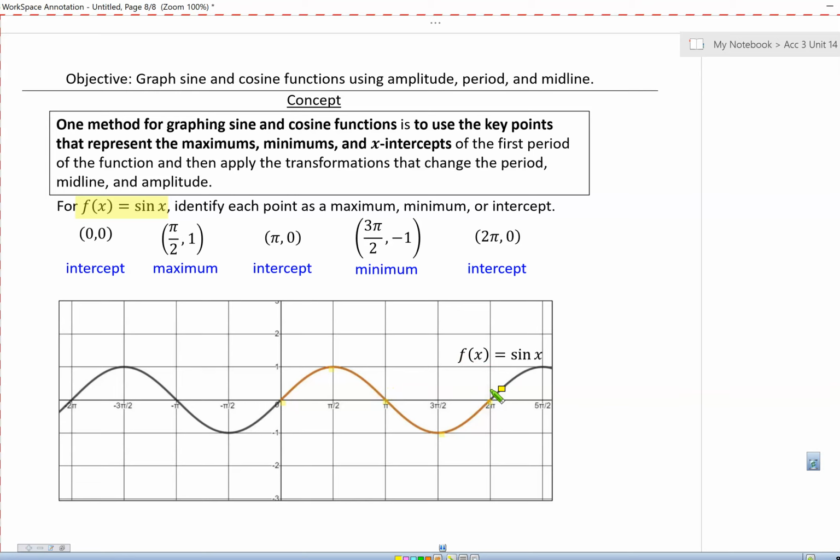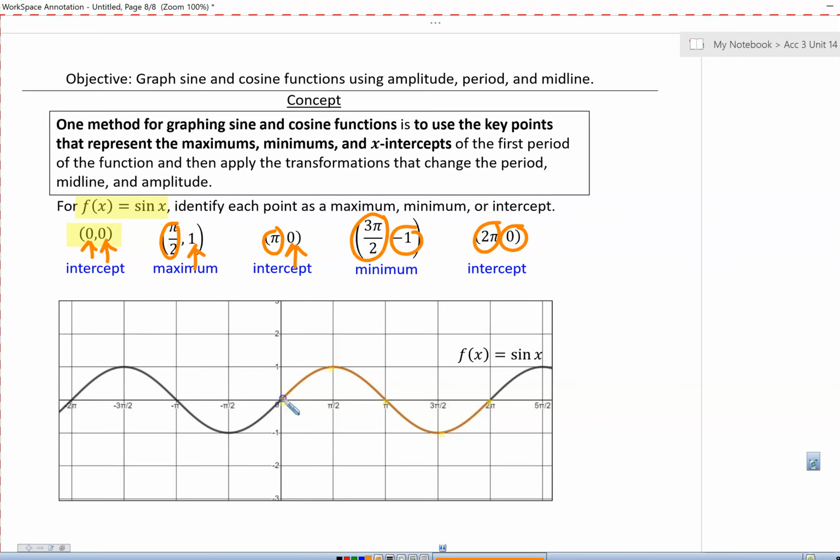So 0 radians has a sine value of 0. Pi over 2 radians has a sine value of 1. Pi radians has a sine value of 0. 3 pi halves radians has a sine value of -1, and 2 pi radians has a sine value of 0.